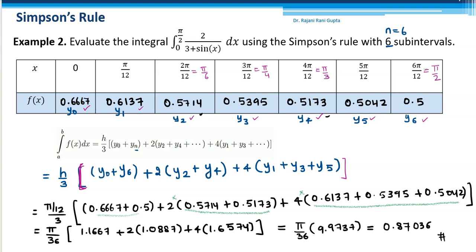If you check with the exact value using your calculator, you'll find that it is 0.8704. So Simpson's one-third rule gives you the more accurate value. I hope it is clear how you solve an integral by using the numerical methods, trapezoidal rule and Simpson's rule.